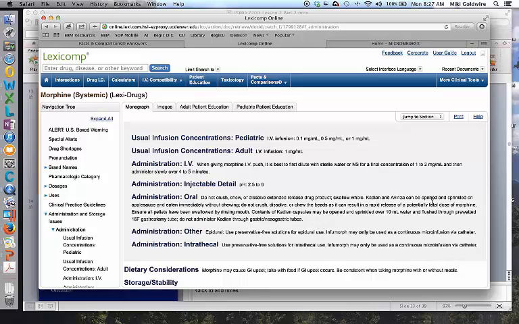Cadian may be opened and sprinkled on applesauce and eaten immediately without chewing. So, Cadian may be opened, sprinkled on applesauce, and given immediately to the patient.